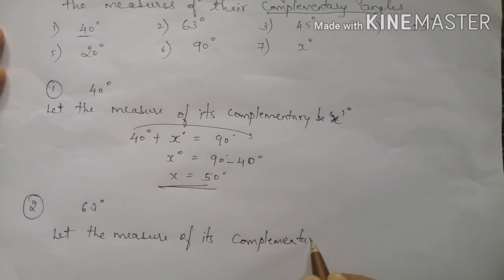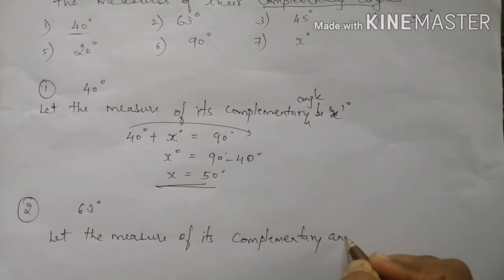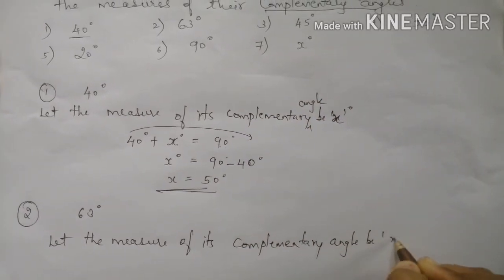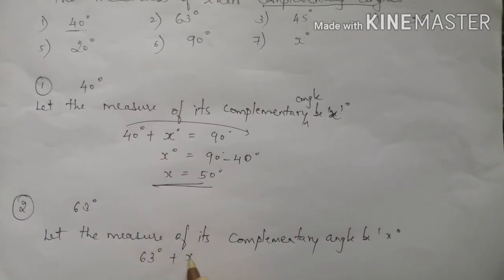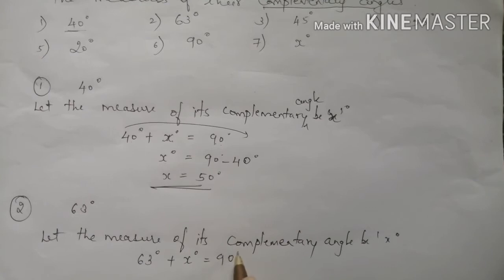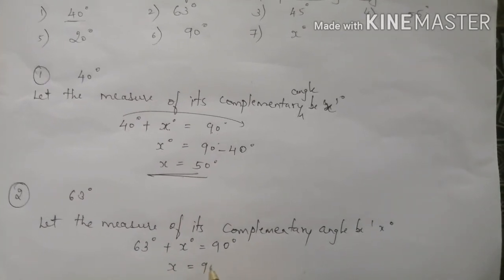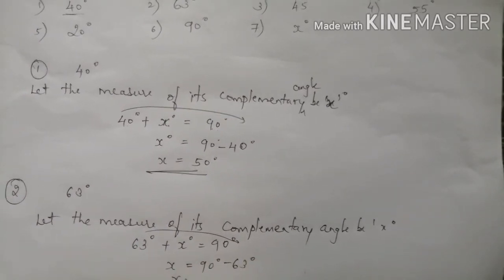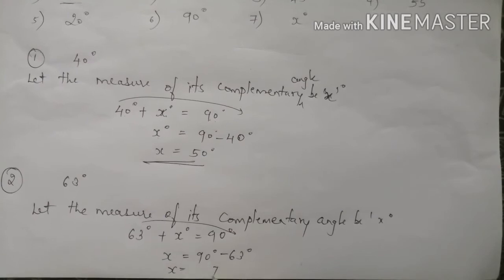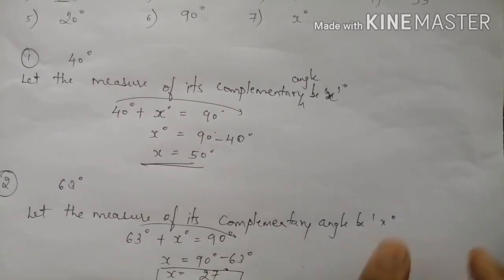So we have to add this, 63 degree plus x degree is equal to 90 degree. So we have to find the value of x. So x will keep it on the left, 90 minus 63. So 90 minus 63 will give you 10 minus 3 is 7, 9 minus 7 is 2, 27 degree.